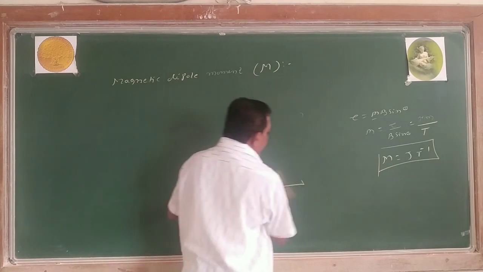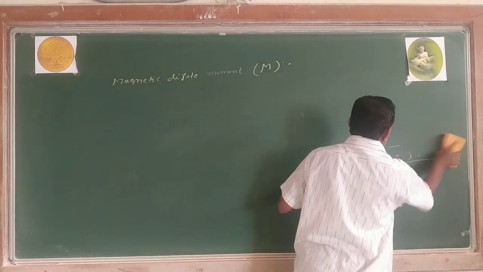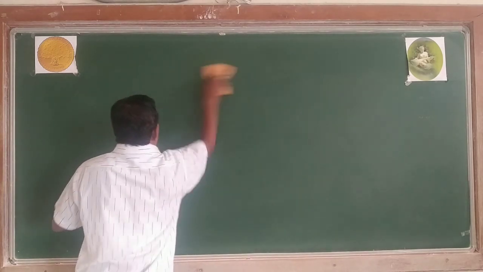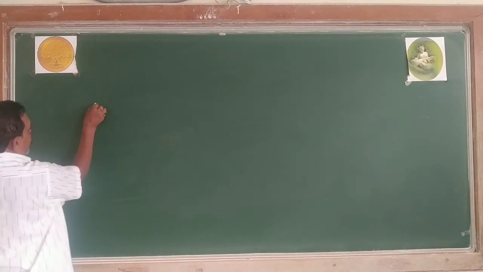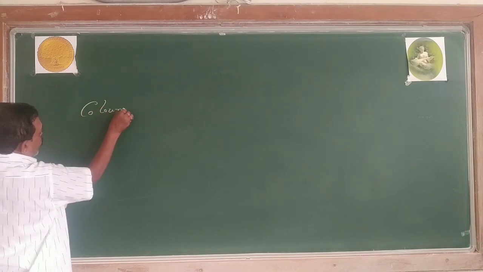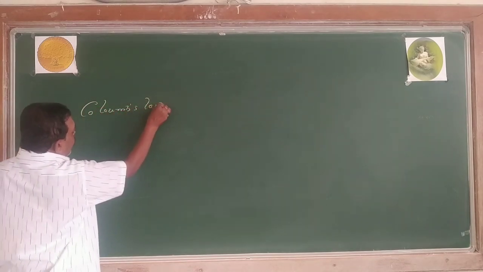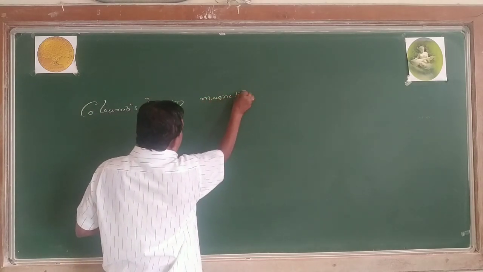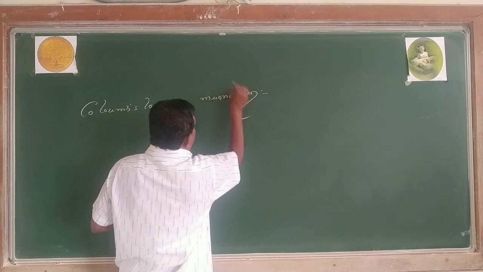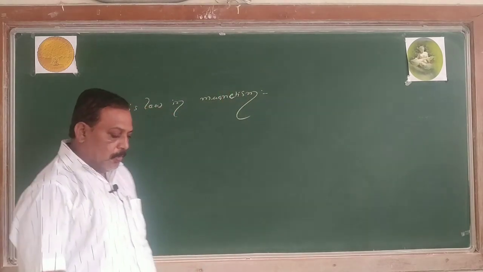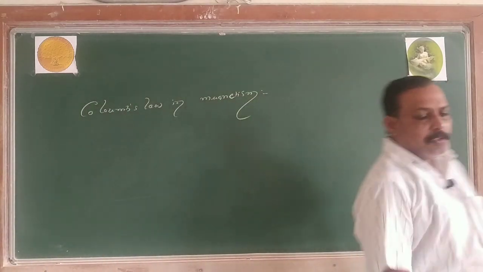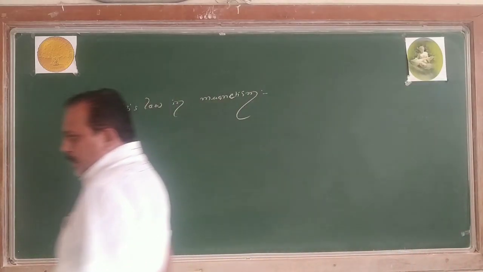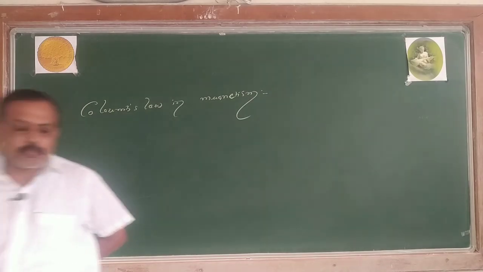Then after this, I come across Coulomb's law in magnetism. In electrostatics, Coulomb's law deals with two static charges with a separation distance, and there is a force of attraction or repulsion.